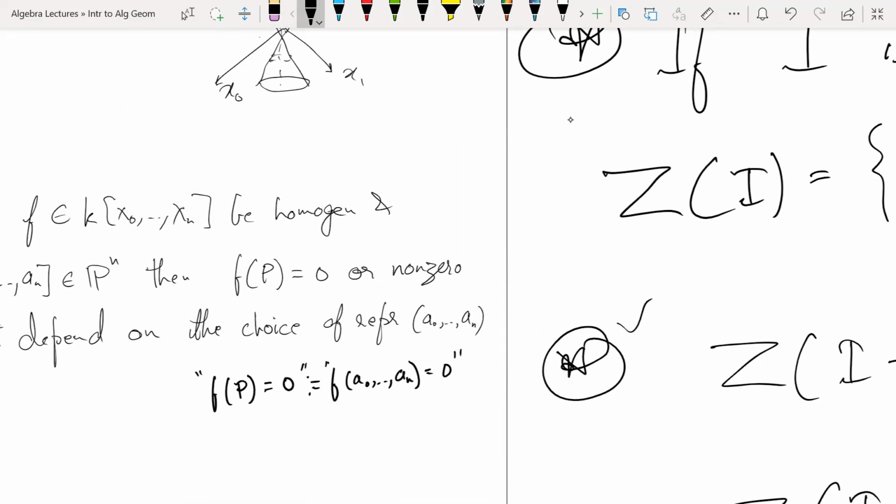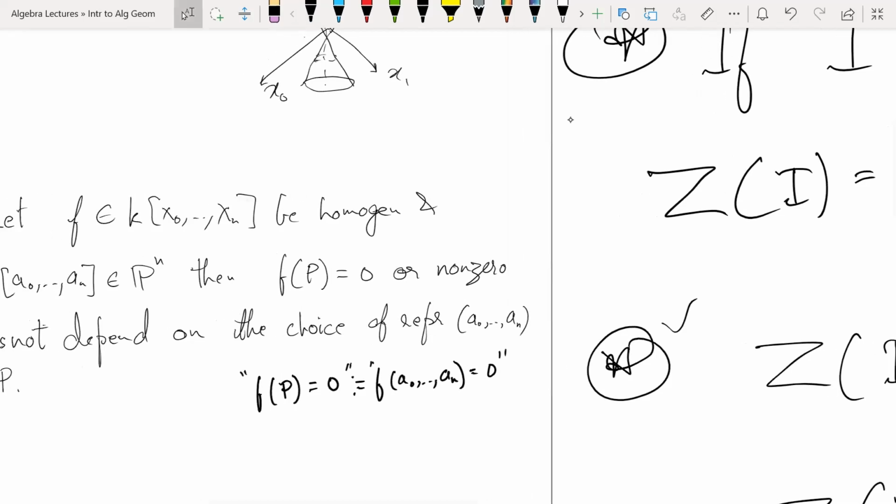The point is, it doesn't matter which representative you choose. It doesn't make sense to plug in P, because P is some equivalence class. It's not really an element of K^(n+1). Is this clear now? Yes.